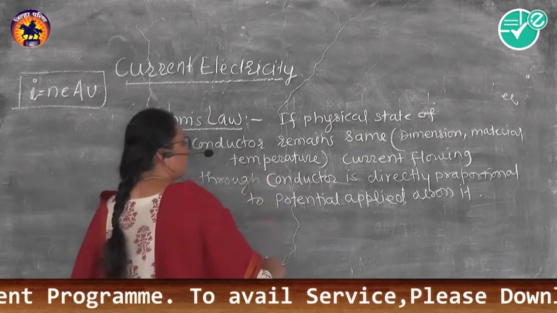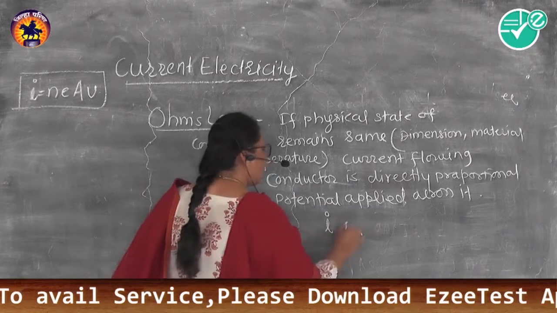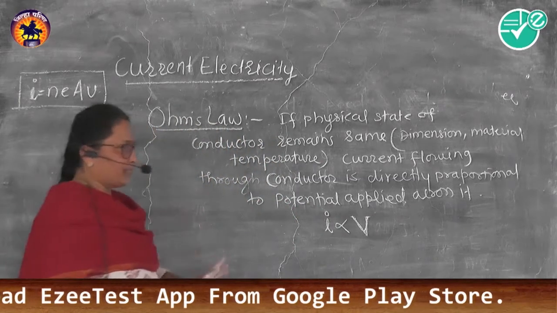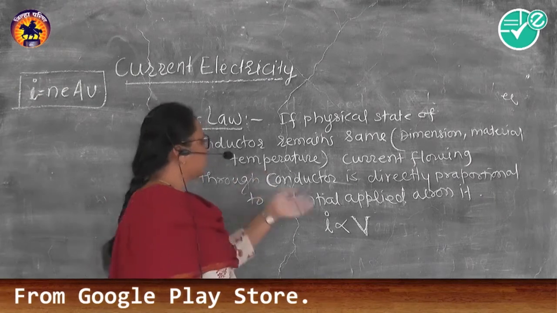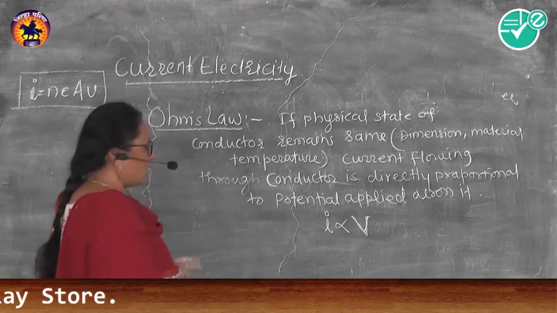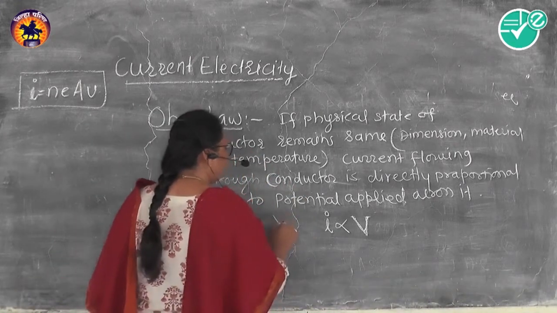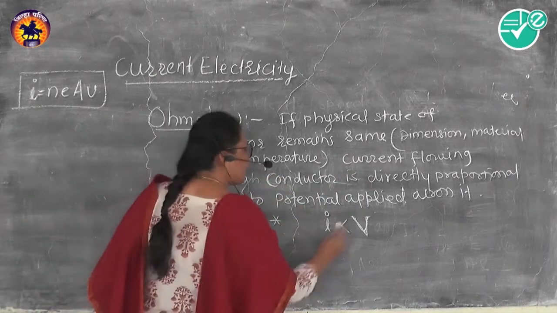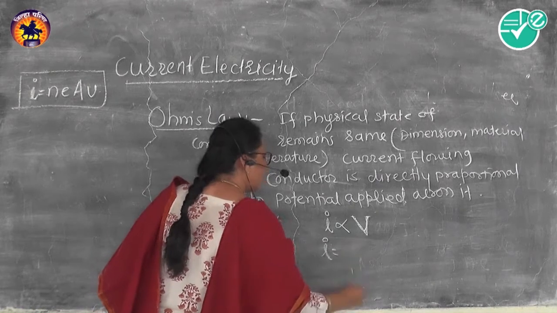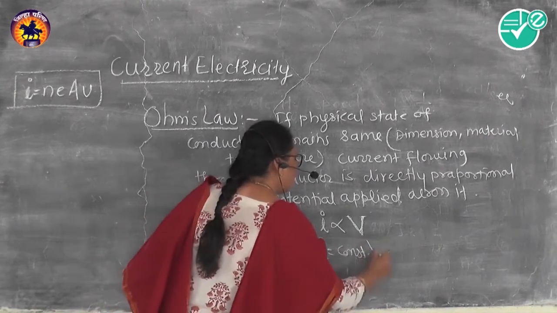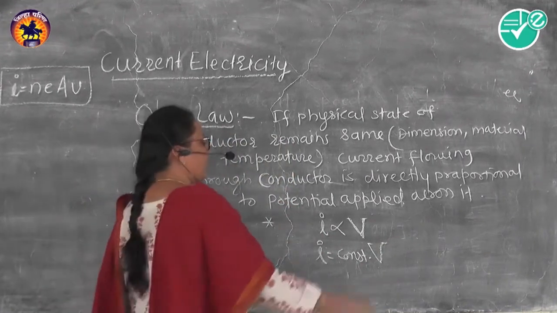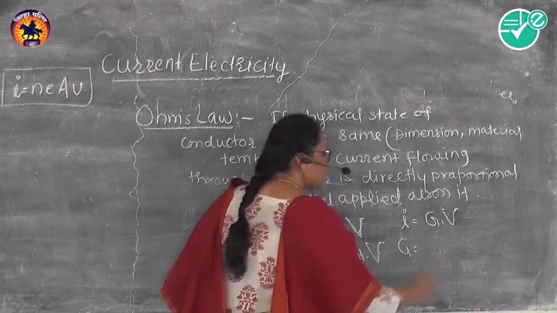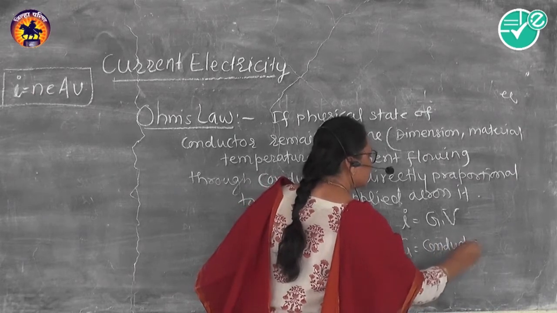That means you have to write this in terms of an equation as I is directly proportional to V. Generally most of the students state V is directly proportional to I, but the important thing is that you have to mention that current is directly proportional to V. And as we remove this proportionality sign, we have to place a proportionality constant: I is equal to G into V, where G is known as conductance.